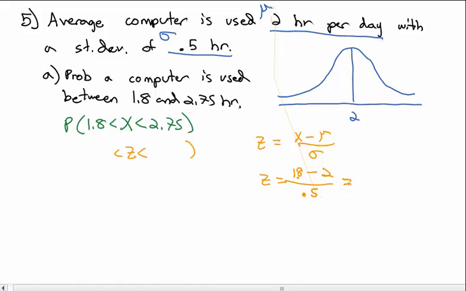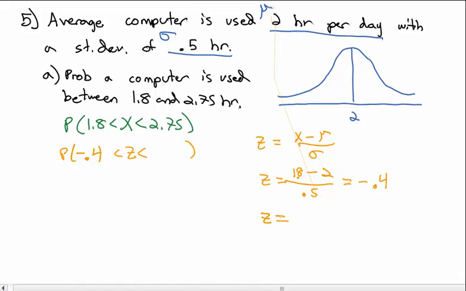On my calculator in 2 steps, 1.8 minus 2 is negative 0.2, divided by 0.5 is negative 0.4. So we want the smallest z value to be negative 0.4.